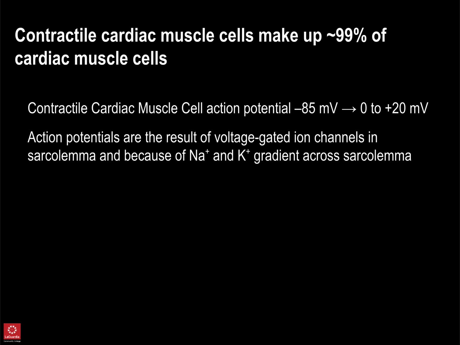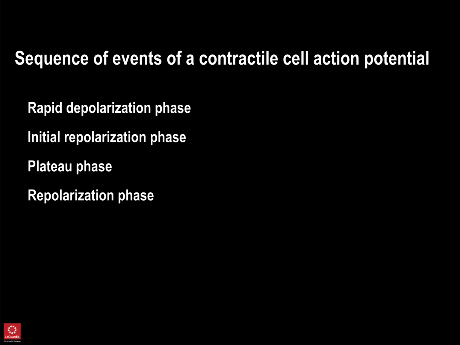Contractile cardiac muscle cells make up about 99% of the cardiac muscle cells. In a contractile cardiac muscle cell action potential, you see it go from a charge of minus 85 millivolts to 0 or 20 millivolts. Action potentials are the result of voltage-gated ion channels in the sarcolemma, and the sodium and potassium ion gradients across the sarcolemma.